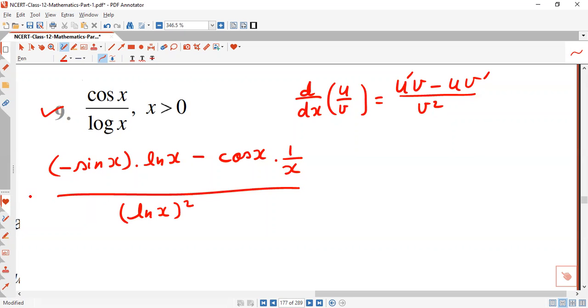So this is the answer basically. If you want to simplify this, there is no need to simplify too much, because it will not change things. So this will be the answer of this question.